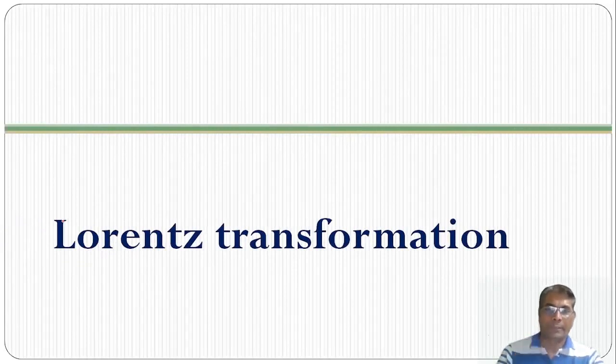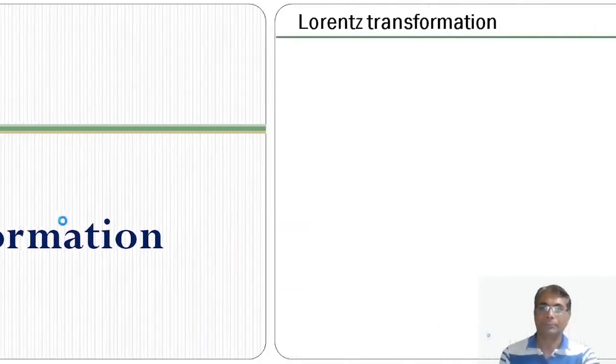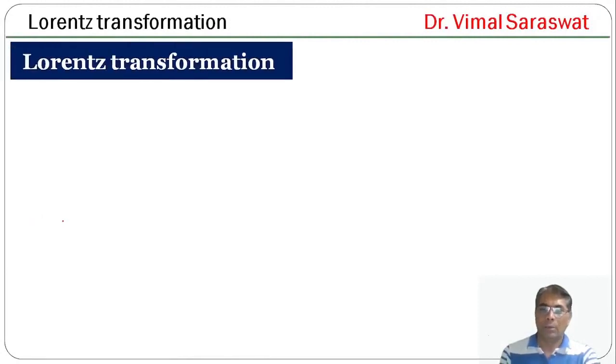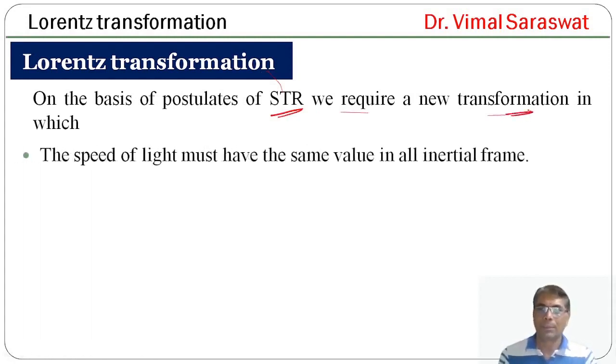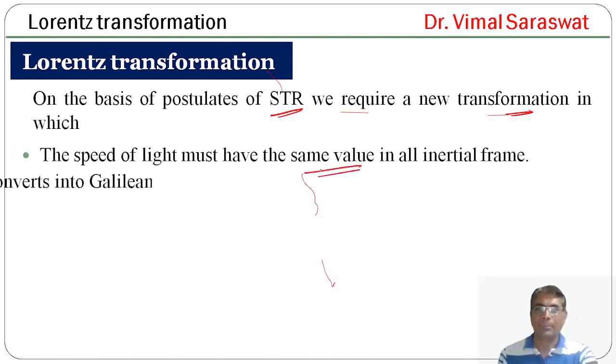Now, the Lorentz transformation. By using the postulates of special theory of relativity, we derive the Lorentz transformation equations. On the basis of these postulates, we require a new transformation in which the speed of light must have the same value in all inertial frames.